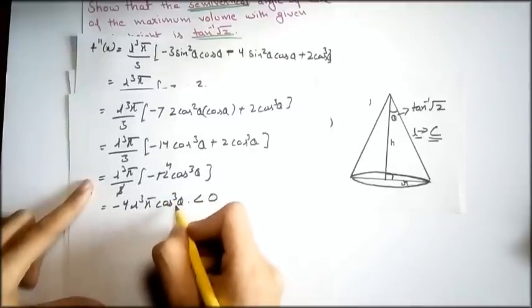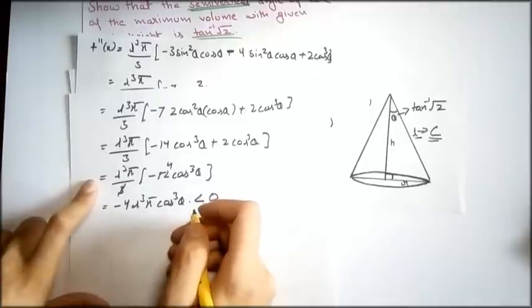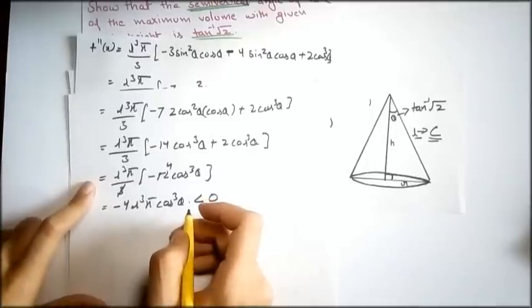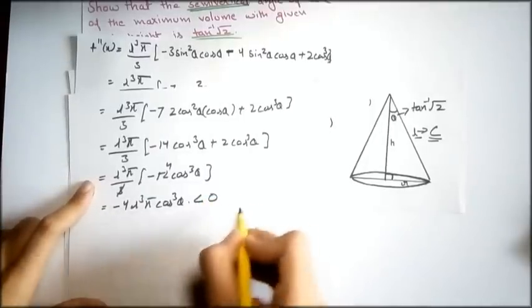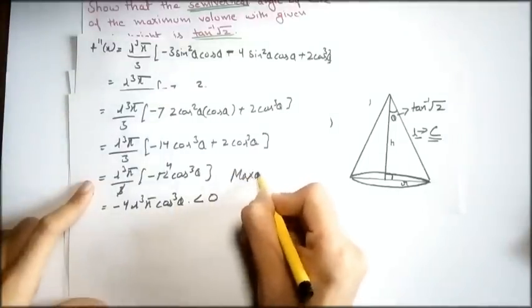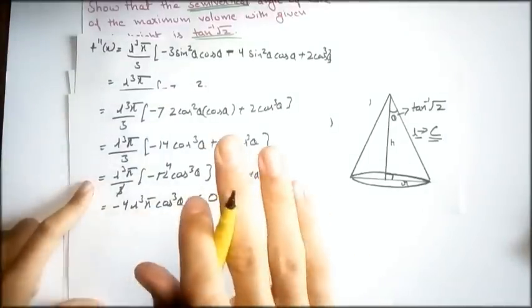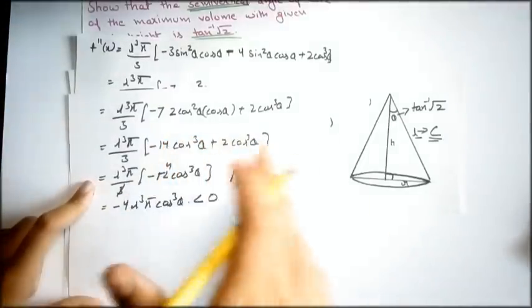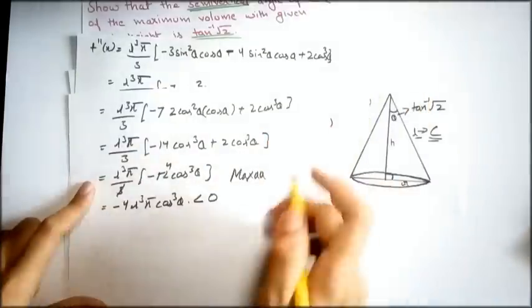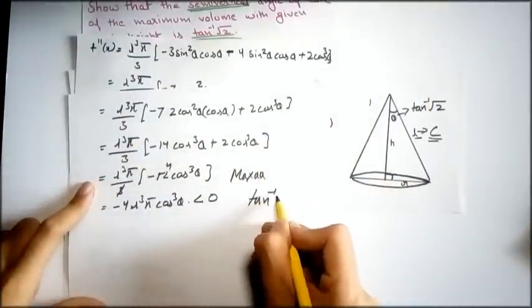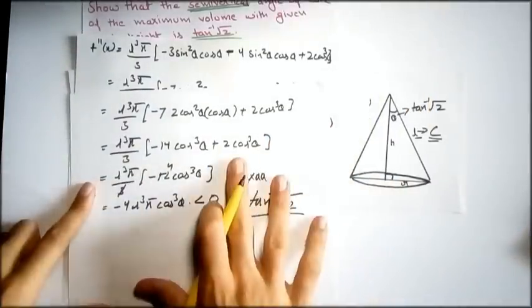If we put the value of theta in here, it will automatically come less than 0. So we have solved this, and this is maxima, and we have proved that the semi-vertical angle of the cone of maximum volume with given slant height is tan inverse root 2, and it is of maximum volume.